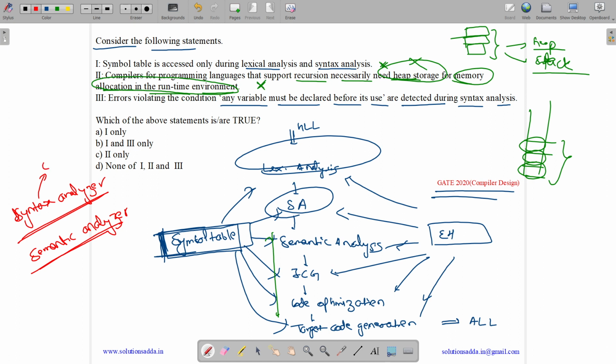The syntax analyzer is based on context-free language and the semantic analyzer is based on context-sensitive language. Now checking whether any variable is declared before its use cannot be done by using a CFL. It needs the power of a CSL to be done. Thus, it is detected not during the syntax analysis but during the semantic analysis phase. So all three are wrong. So the correct answer is option D, none of 1, 2 and 3.